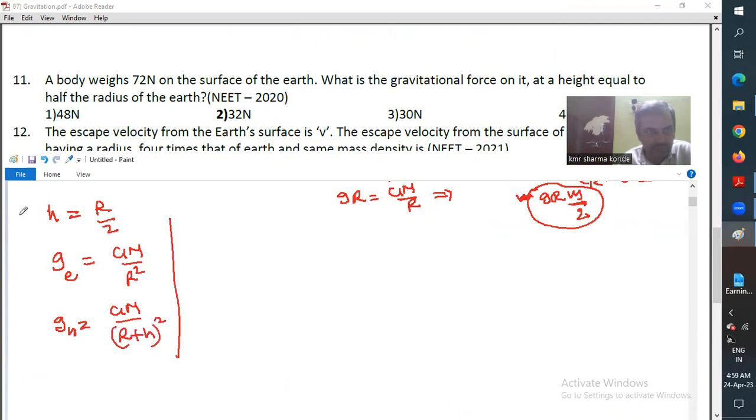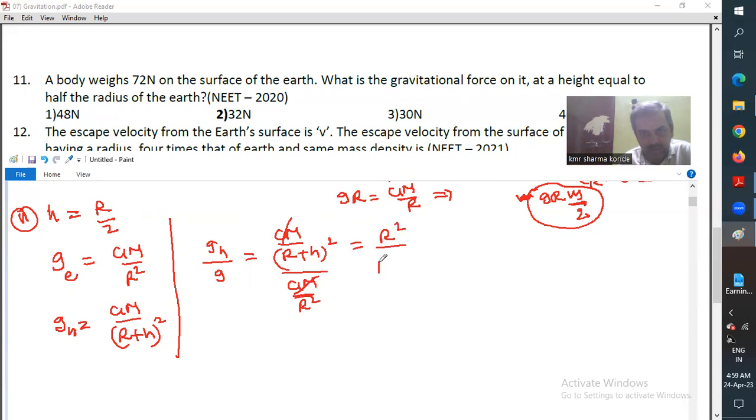This is question number 11. So g_h by g, dividing these two, you'll get GM by (R plus h) whole square divided by GM by R square. So GM gets cancelled. So this is R square by (R plus h) whole square.